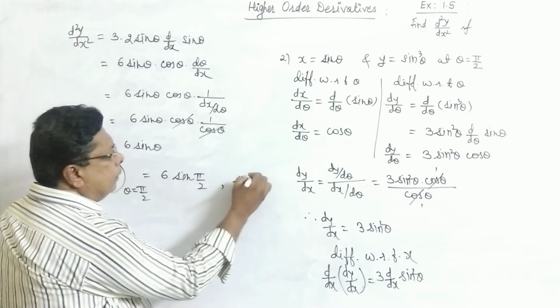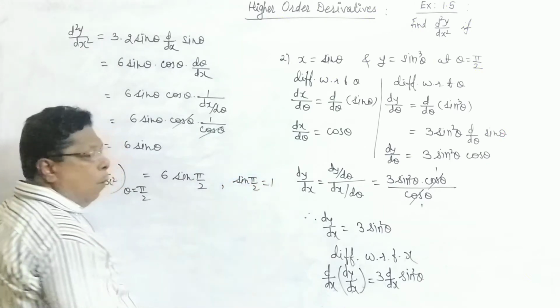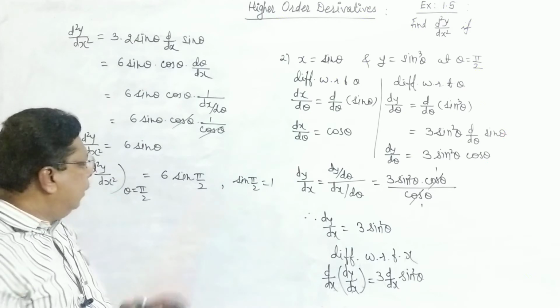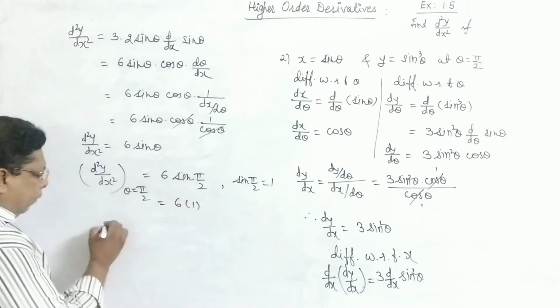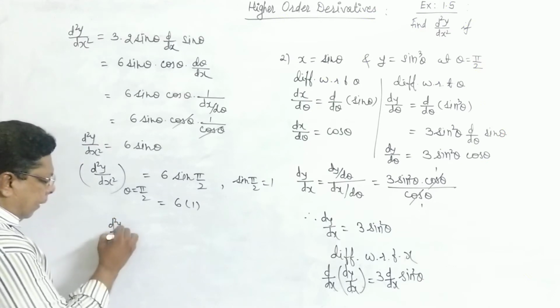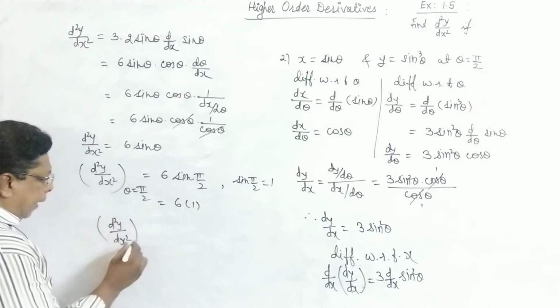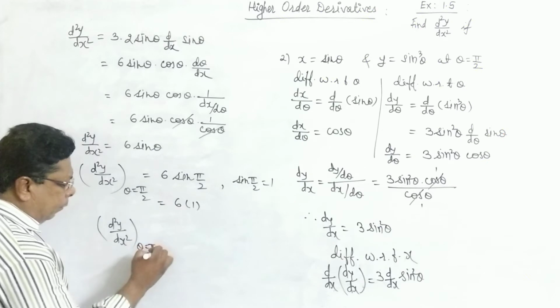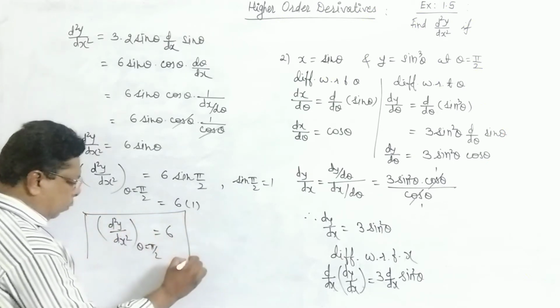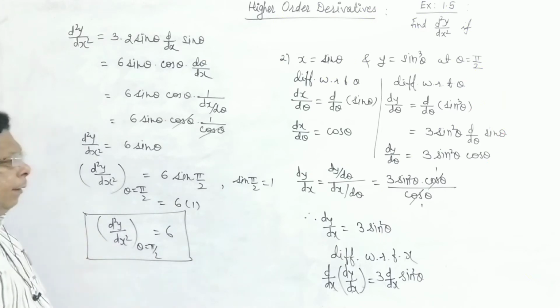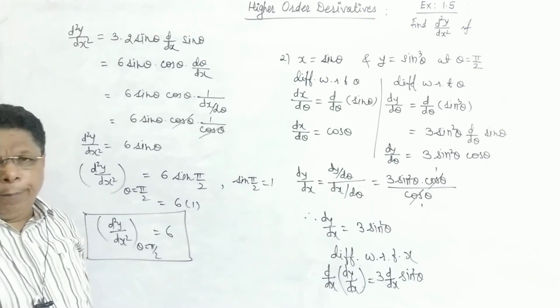But we know that sin pi by 2 is 1, sin 90 degree is 1. So this is 6 into 1. Therefore d square y by dx square at theta equal to pi by 2 is 6, which is the required d square y by dx square.